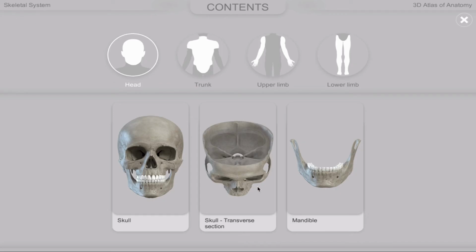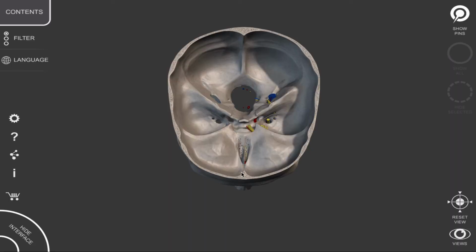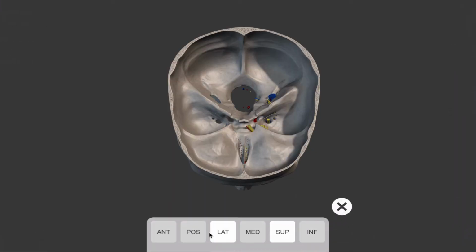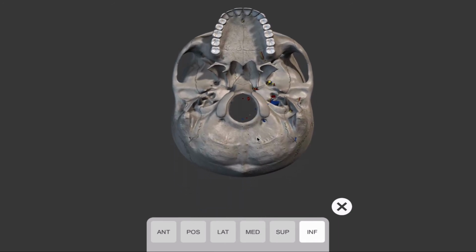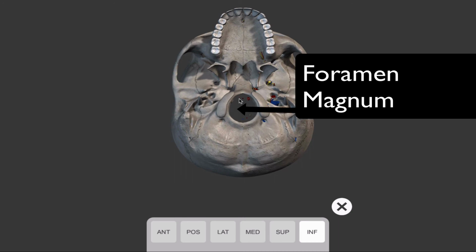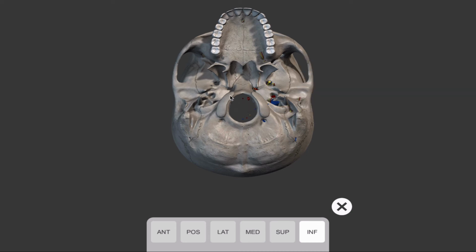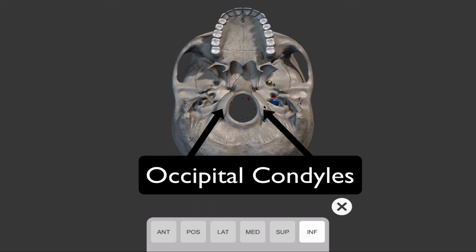So now let's look at the inferior view. And again, I want to point out to you a couple of structures. Once again, here is the foramen magnum, which is part of the occipital bone. And I also want to point out these two joint surfaces on either side of the foramen magnum, and these are called the occipital condyles.